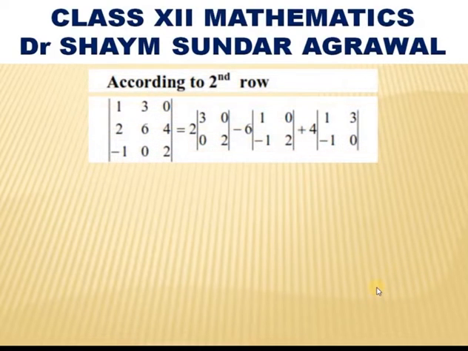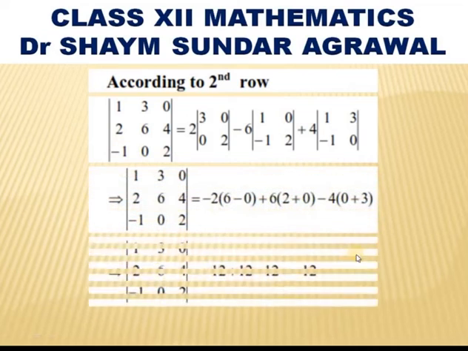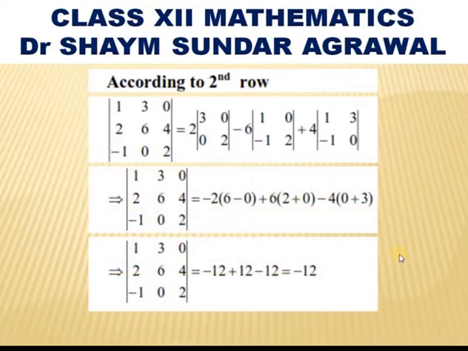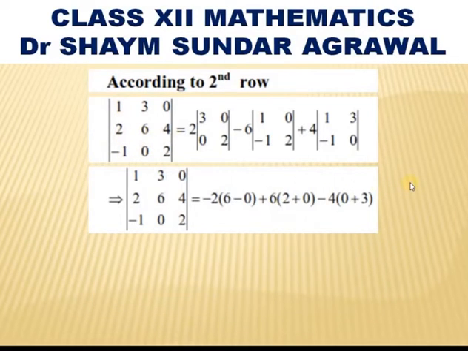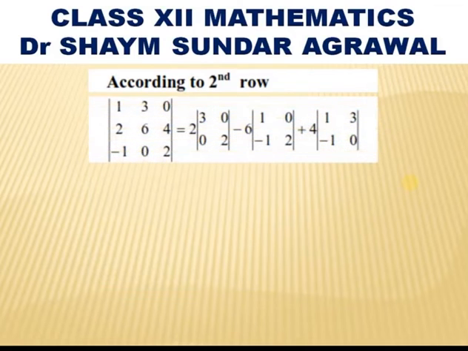According to second row, the determinant 1, 3, 0, 2, 6, 4, minus 1, 0, 2. According to second row, first element is A22, sorry, A21, then A22, A23.